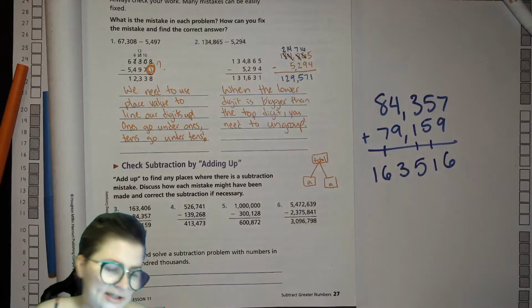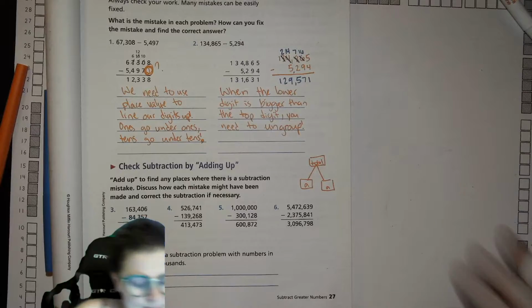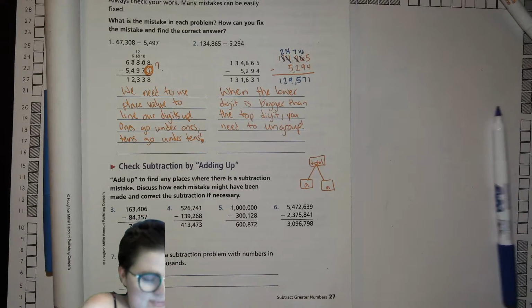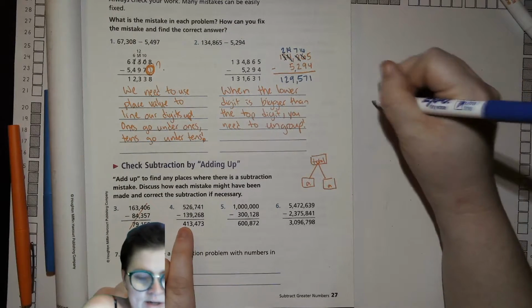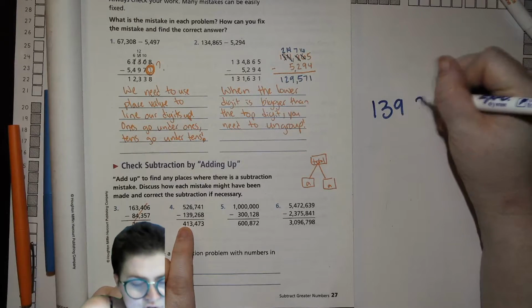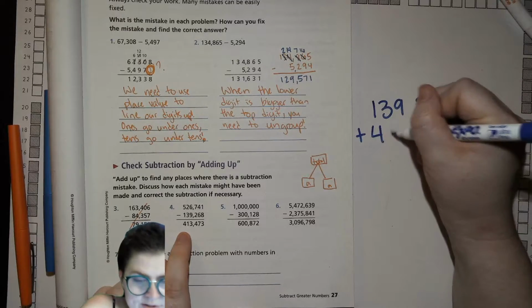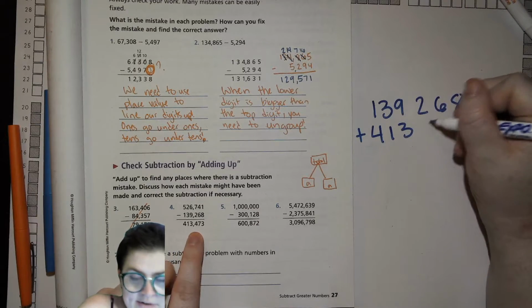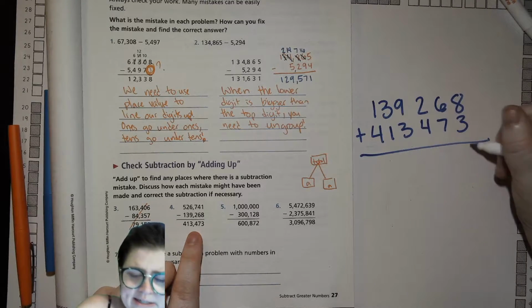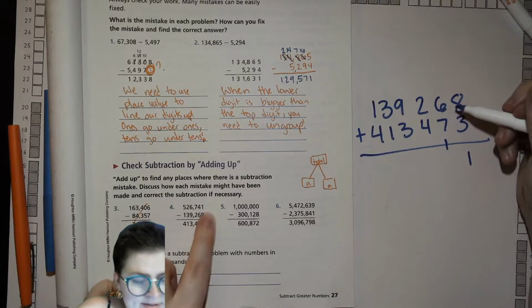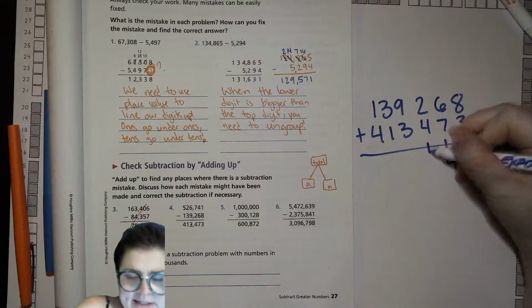Let's go ahead and look at the next one. So we can add 139,268 plus 415,073. 8 plus 3 is 11. 6 plus 7 plus 1 more, 14.